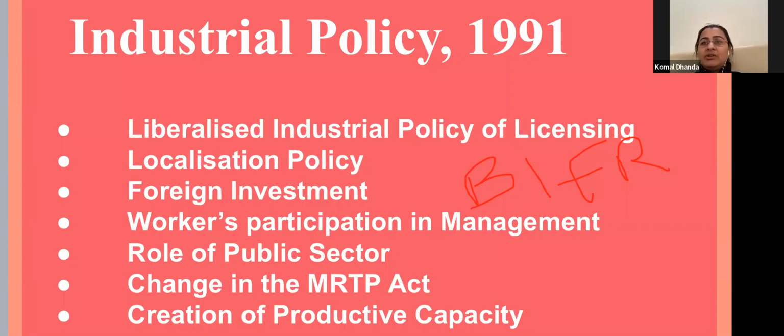So companies having investment of rupees 100 crore or more would not be required to take prior government approval or permission for opening any new subdivision, or if they are planning to expand their business, right? But those falling below the limit had to take government permission for expanding their business or for opening branches at different places.